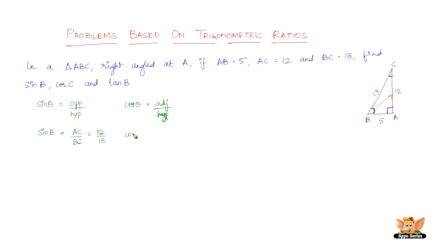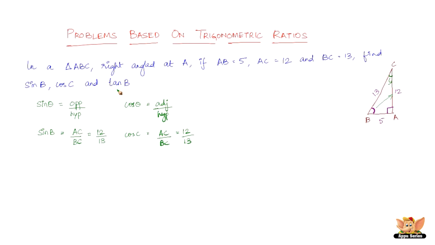The side that is adjacent to C is AC, and the hypotenuse is the same in a given triangle, so it is BC. AC equals 12 and BC equals 13. So cos C is the same as sine B. Sine B is 12 by 13 and cos C is also 12 by 13.